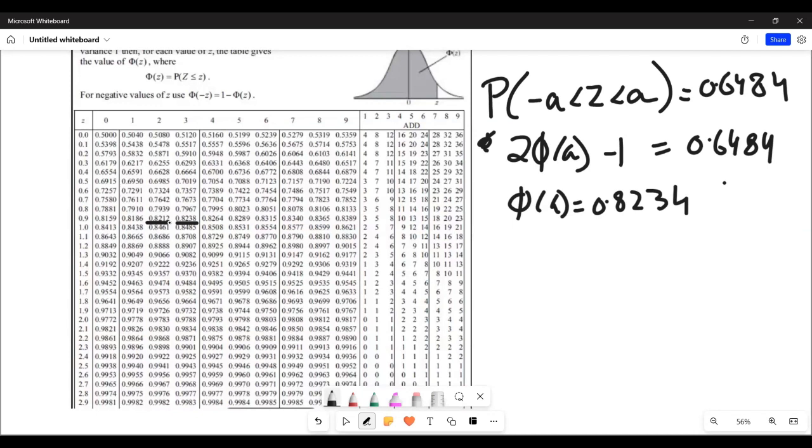What do we need to add to it to get 0.8234? 22. We don't have 22, but we have 20, so we're going to use 0.9, 2 and then 8. So that means a will be equal to 0.928.